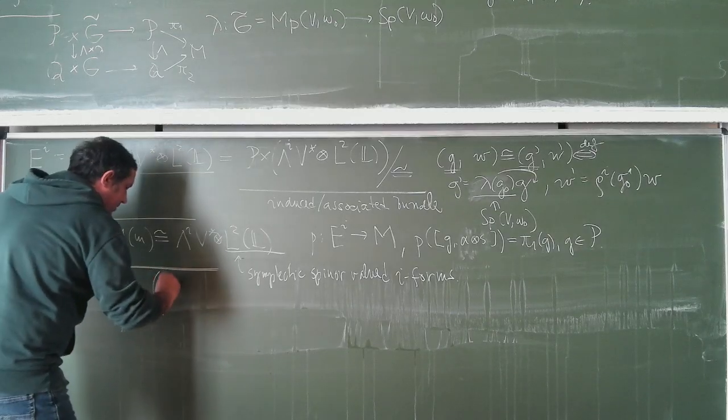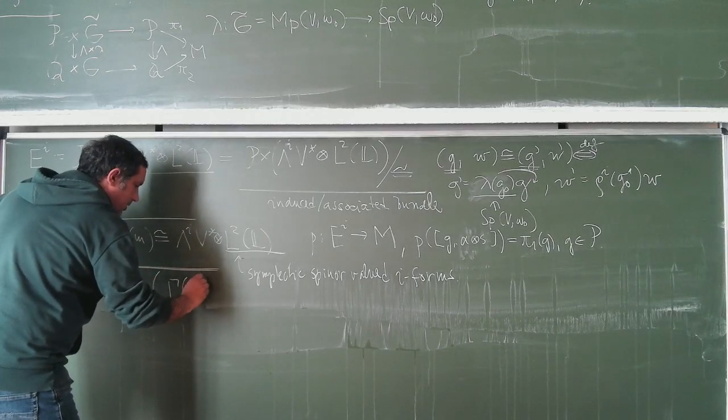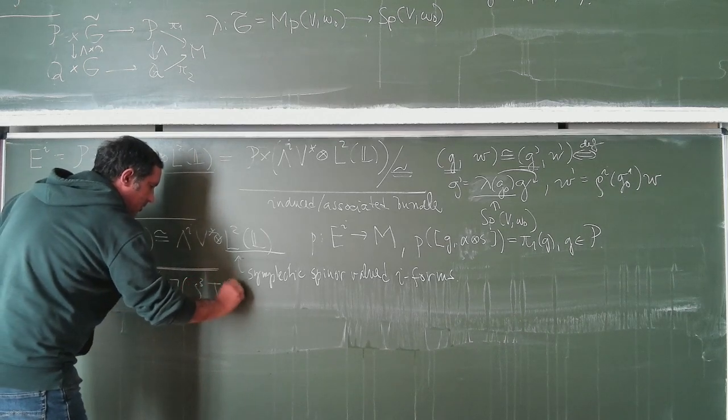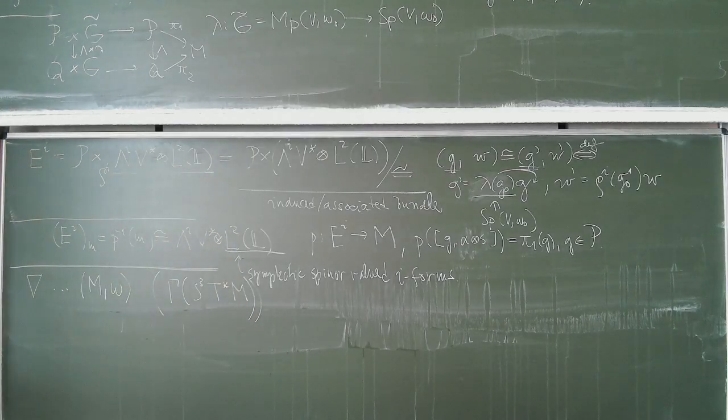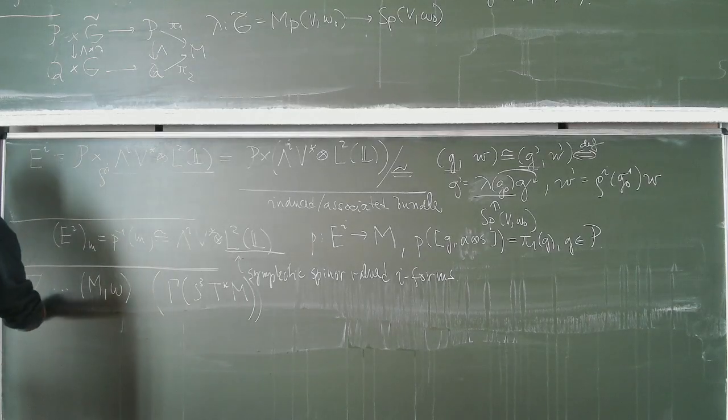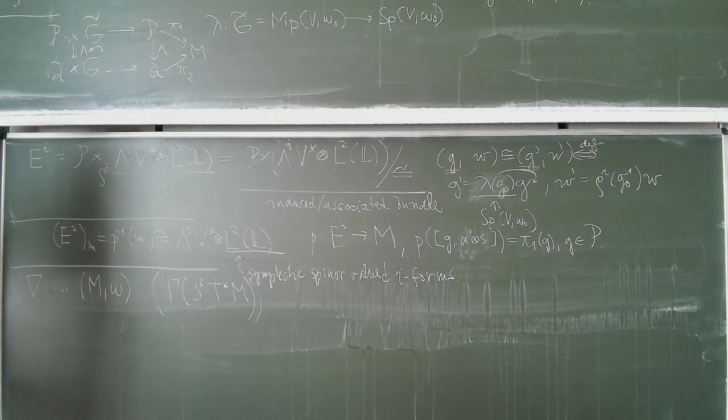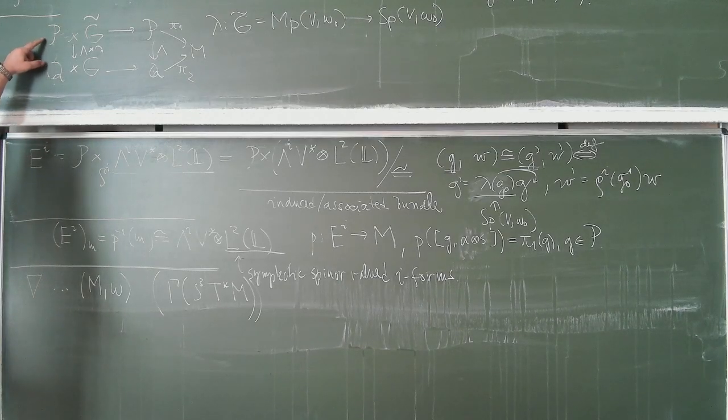There are plenty of them, by the result of Tondeur. And there is also a procedure how to lift symplectic connections to the symplectic frame bundle and then further to lift it to this bundle P.